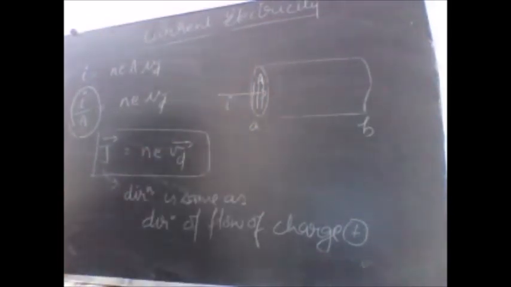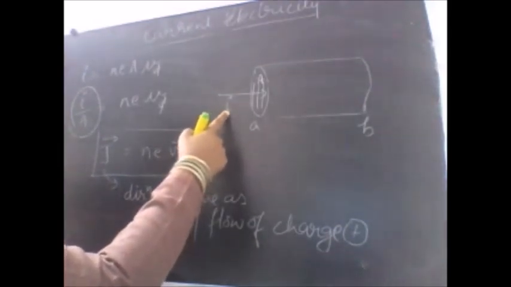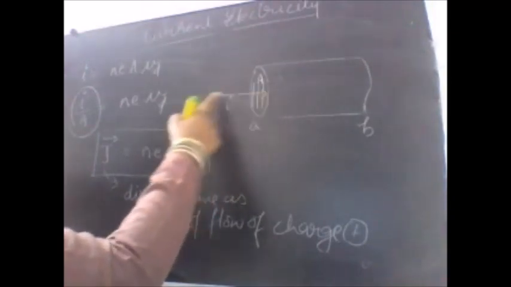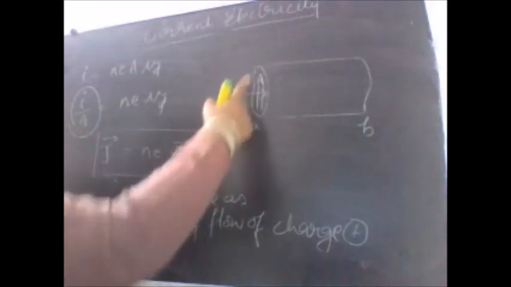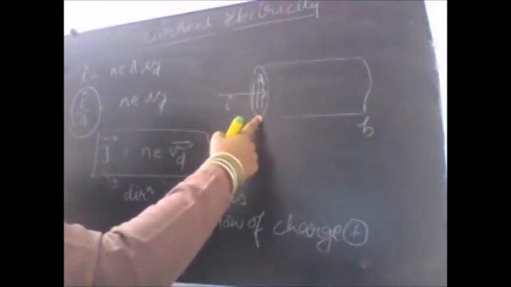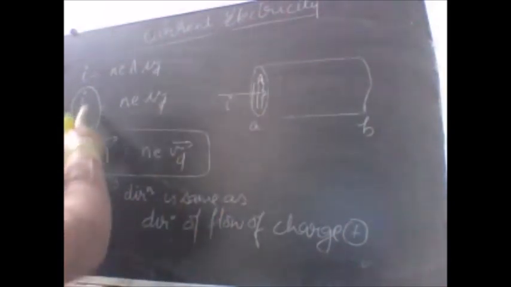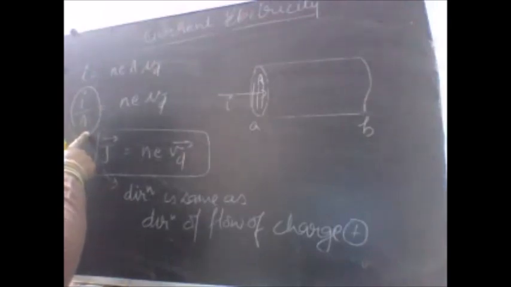That is what my first requirement was, that electric current or the charge should move in an area perpendicular to the direction of the flow. So this current, which is there perpendicular to the area, current per unit area, which area? Perpendicular area. This is called the current density.